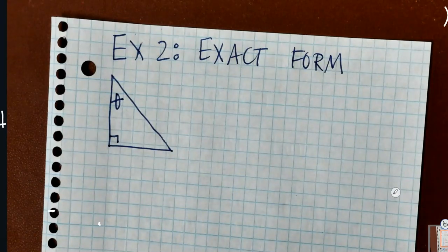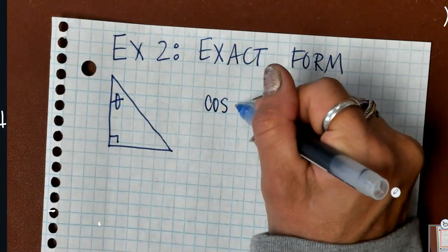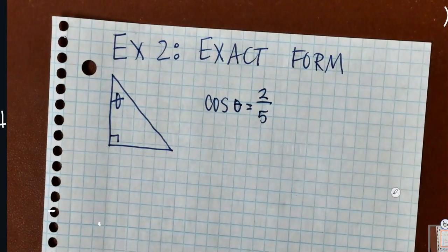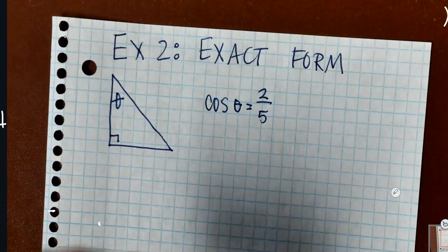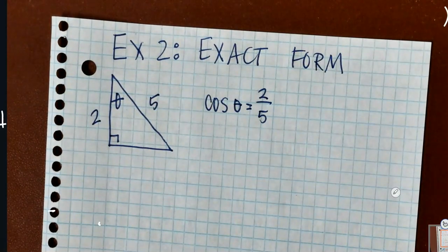And I'm only going to give you one piece of info. And it's going to be this. What's cosine? What legs make up cosine? Adjacent, hypotenuse. Oh, there's 2 legs. How am I going to find the 3rd leg?